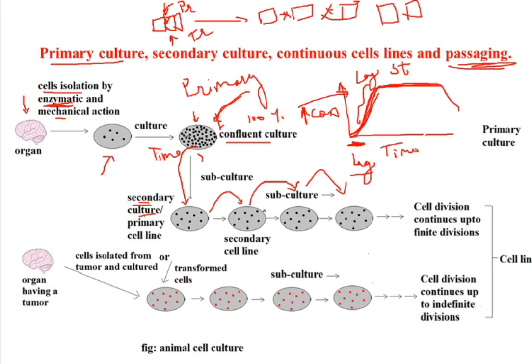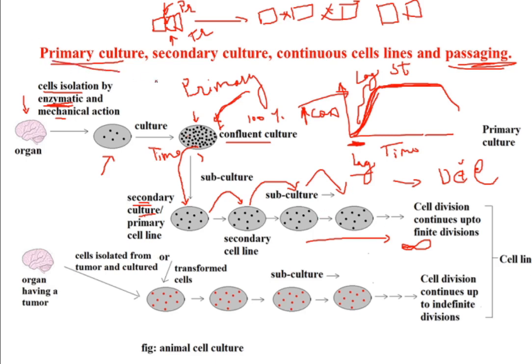If you put it into new media, the cell is not going to live in this process infinitely, because the cells are mortal. After a few passagings, the cell will die. It will not be able to maintain itself in this culture, even if you put it into a new culture, because the cells are mortal.